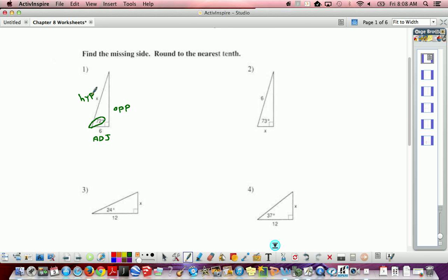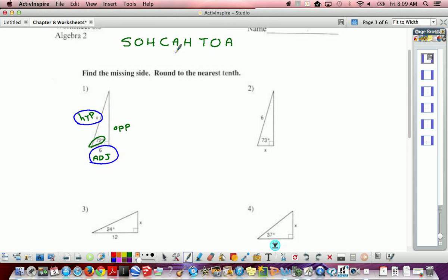So then I look at what information am I given, and which piece do I want to find? Well, I want to find the hypotenuse. I have the adjacent. So I ask myself, adjacent and hypotenuse, if I go up to this SOHCAHTOA, that's cosine. So cosine of 72 degrees is equal to the adjacent side 6 over x.